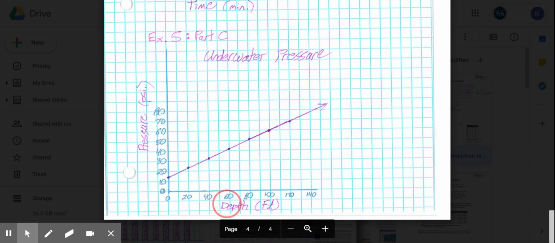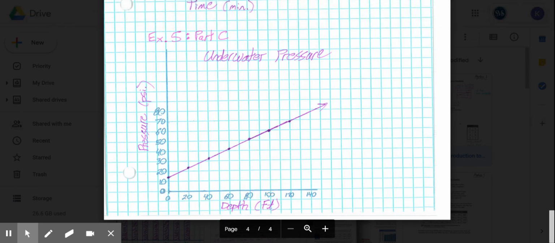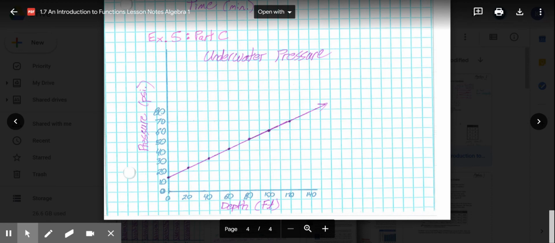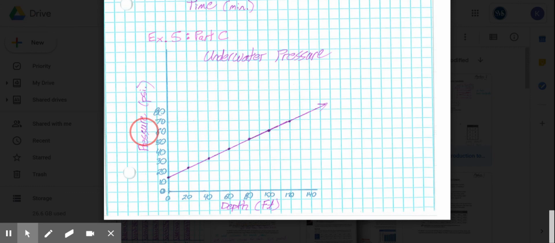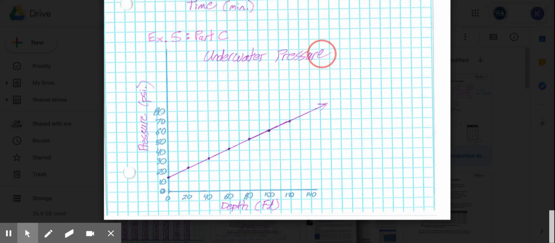So the x-axis are inputs, so that gets labeled by depth. And the y-axis, the vertical one, is your output, which was the pressure. And then again, we knew the units. Pressure was in PSI, depth was in feet. We have to give a title to our graph, so I just titled it underwater pressure.